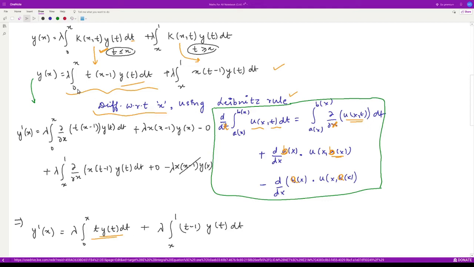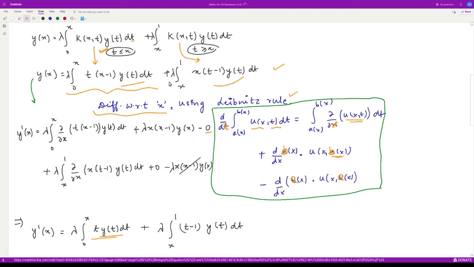The lower limit is 0, so its derivative with respect to x is simply 0, plus lambda times the integration of the partial derivative of this term with respect to x. So what would that be? It would simply be this term, (t minus 1) y(t) dt, right?